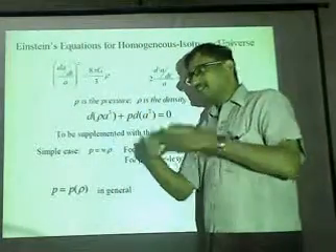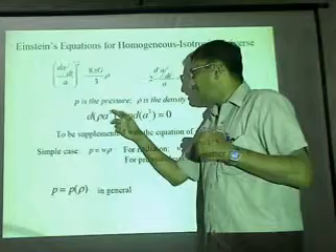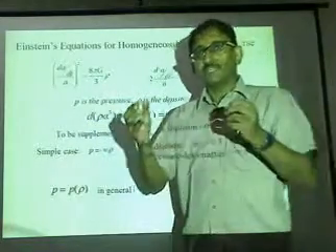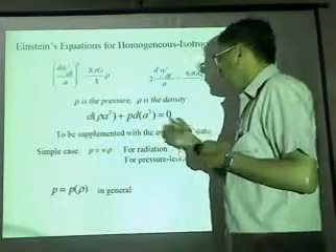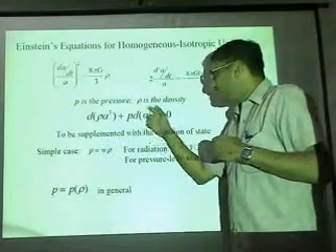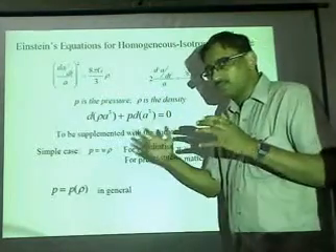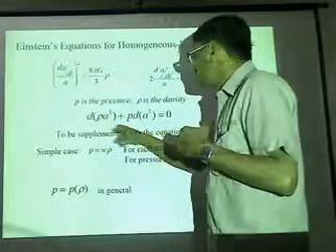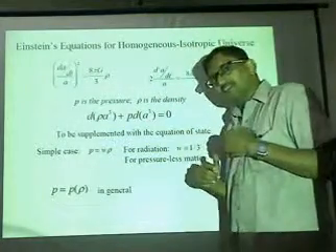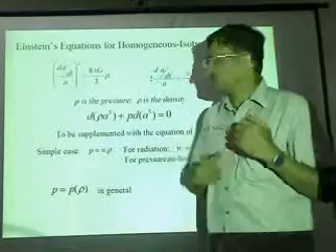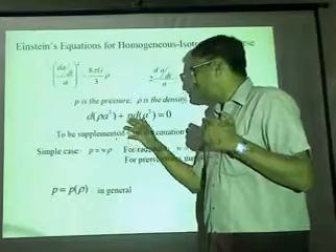So as the universe expands, d(rho A cubed) is the change in energy from one time to another. Once again, since A cubed is a measure of volume, d(A cubed) is a measure of change in volume during this corresponding time, and P dV is nothing else but the work done. So this left hand side is nothing else but the familiar left hand side of the first law of thermodynamics, that is dE plus P dV.